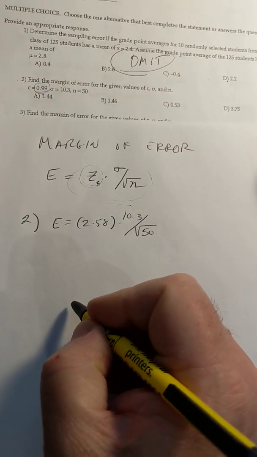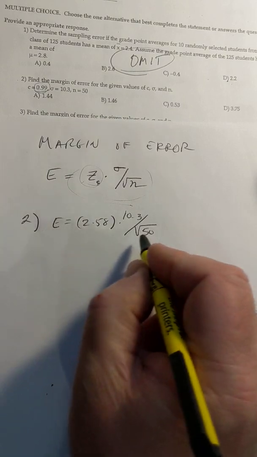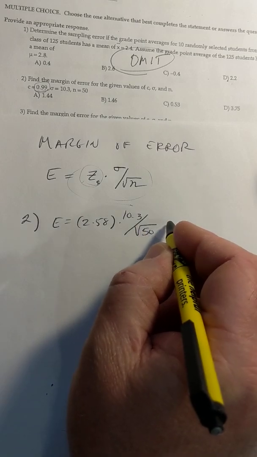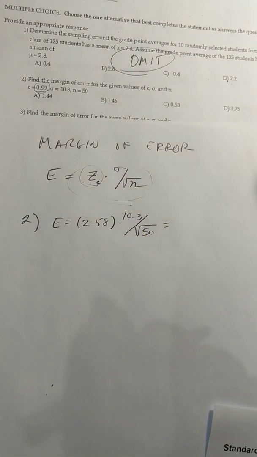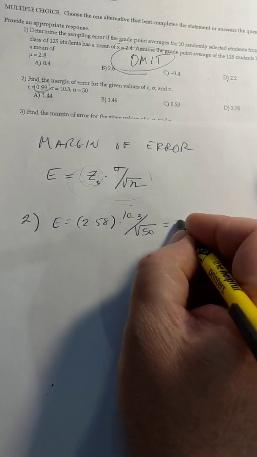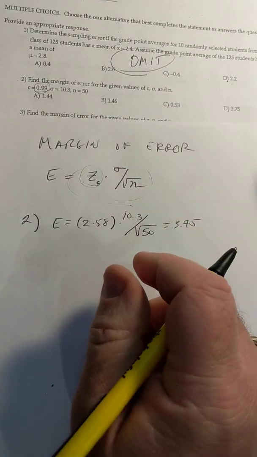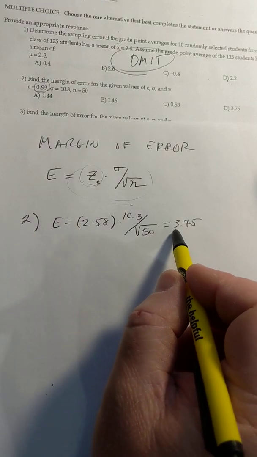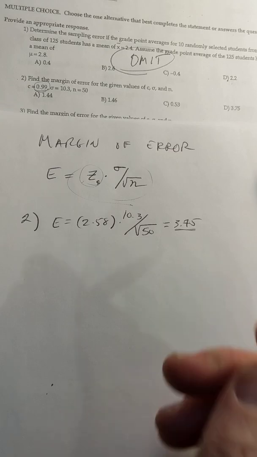So it really just becomes a calculator problem. And you can put this in one long calculator string here, 2.58 times 10.3 divided by square root of 50. And we end up getting 3.75. So that's the margin of error we would allow ourselves to meet these requirements. That's the margin of error we would have on either side of our sample mean.